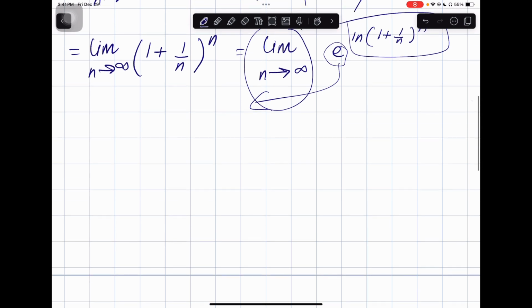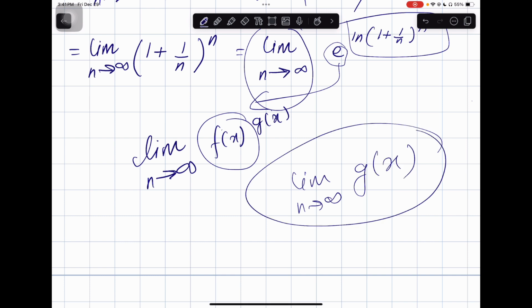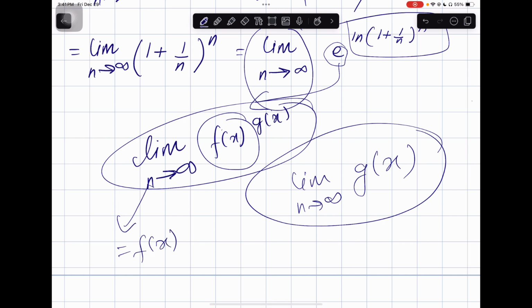So what I'm saying is, for example, if you have f(x) to the power g(x), and if the limit of f(x) exists, then you can write this as f of the limit of g(x).